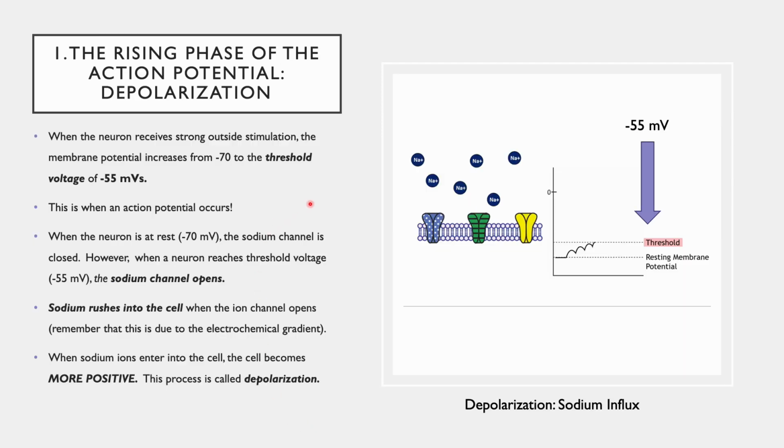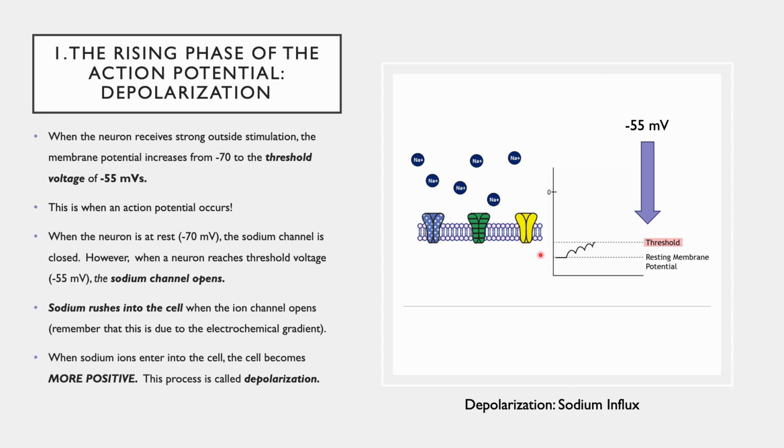So now let's go through this step by step with these images. So first we're going to look at the threshold. The threshold of the action potential is when the cell becomes slightly more positive. So first, this is the resting potential at about negative 65 or negative 70 millivolts.